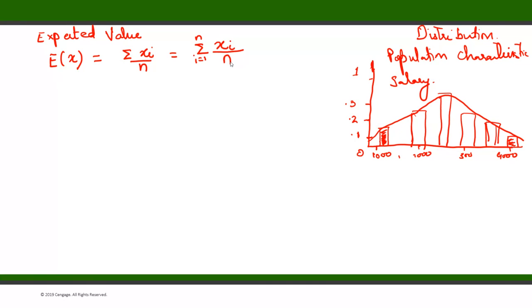So the second thing which defines a distribution is the standard error. Oh, standard deviation, I'm sorry. Standard deviation is calculated by the summation of x_i minus x bar, we call this x bar, squared, over n minus 1.